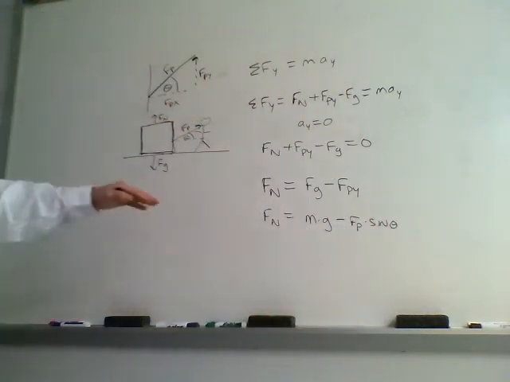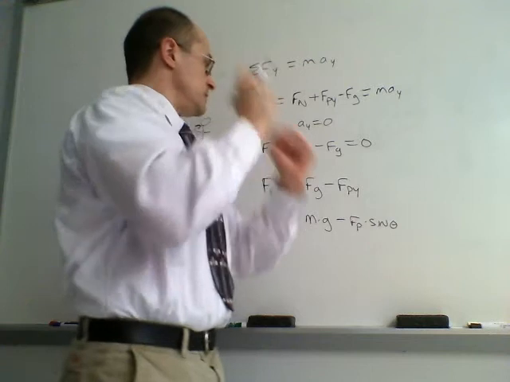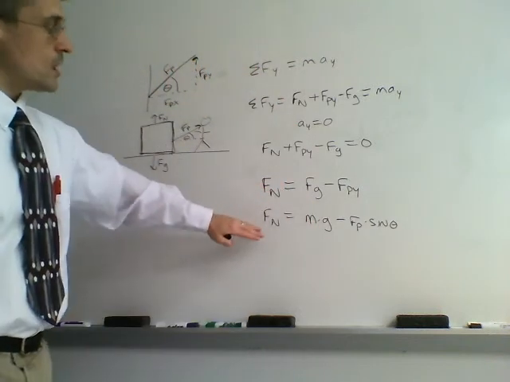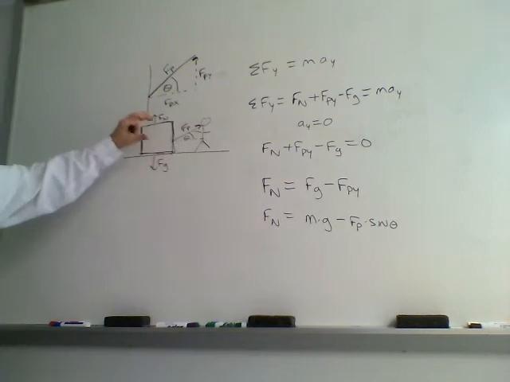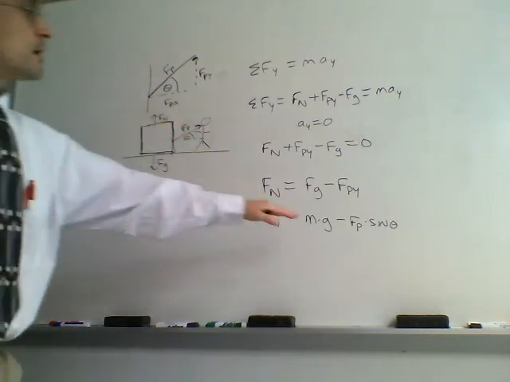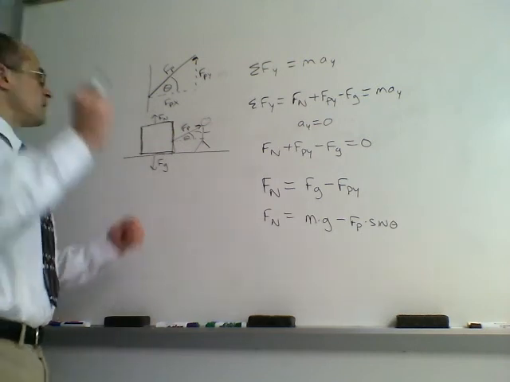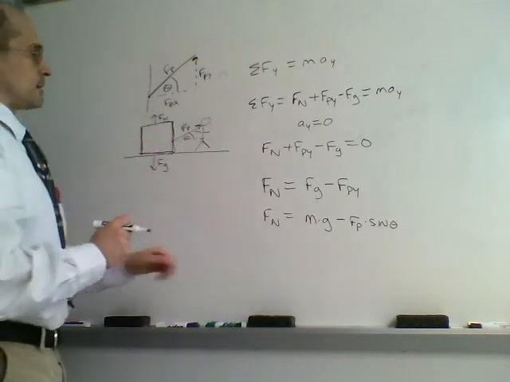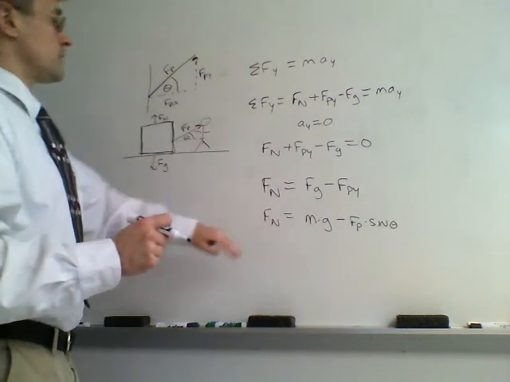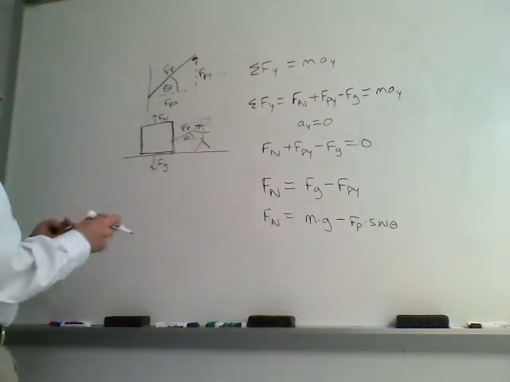As you pull up on the box and trudge along, that normal force is actually less. The ground is working a little bit less to push the box up because you are helping decrease the amount of normal force by pulling up on the box. So the normal force is working a little bit less than it has to because you're being generous.